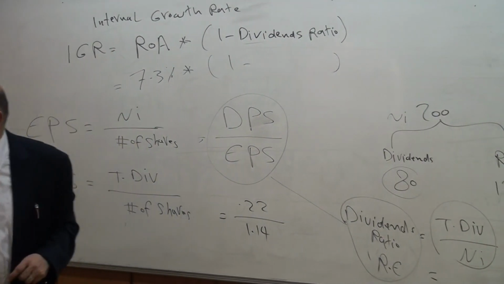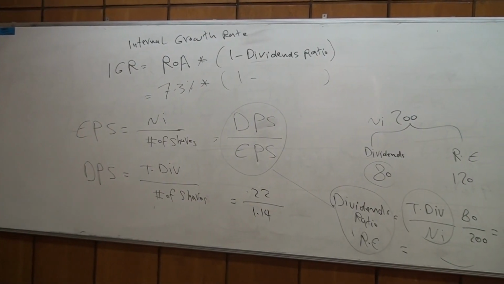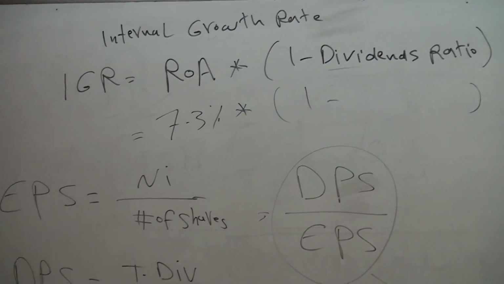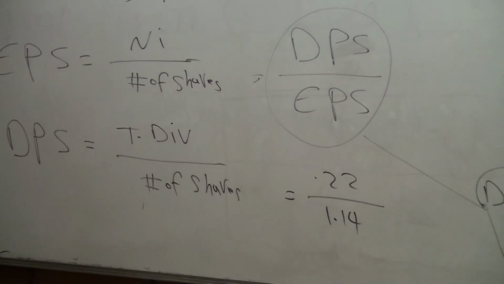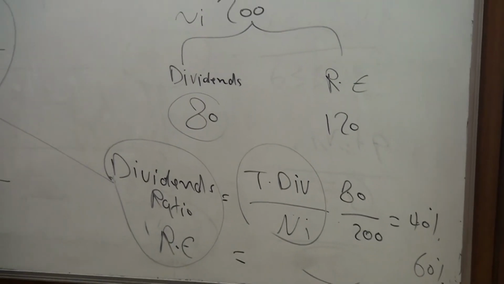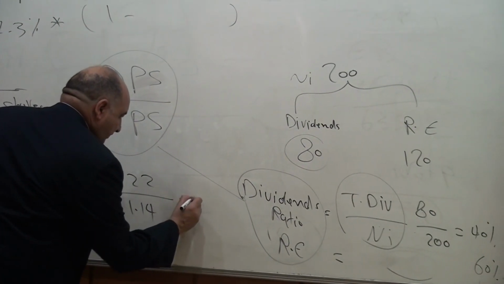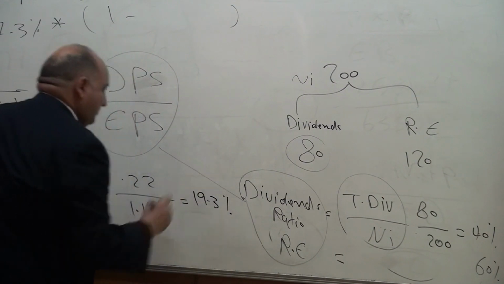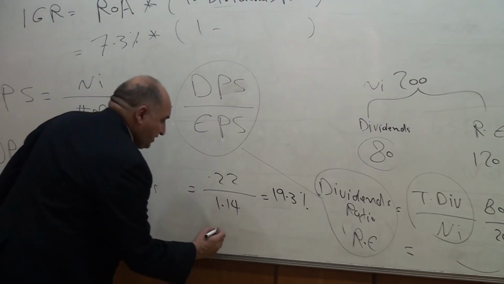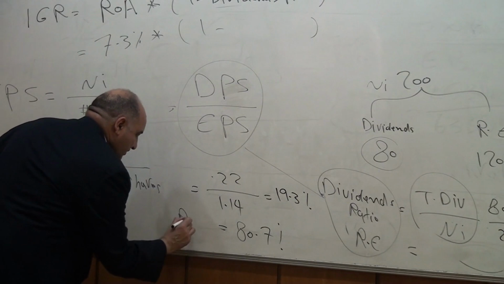It equals 19.3%. Okay. So in this case, the retention ratio will be 80.7%. This is the retention ratio, the earning ratio.